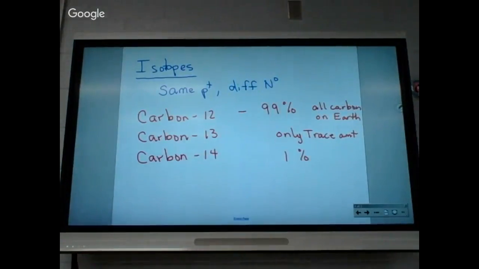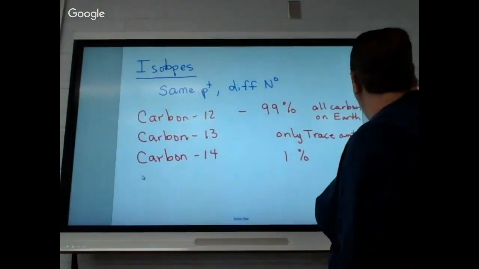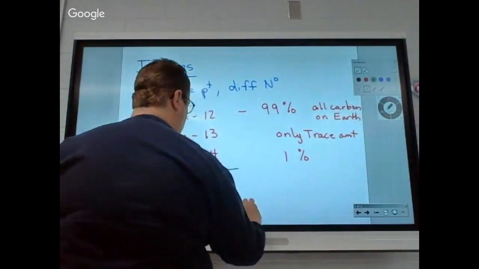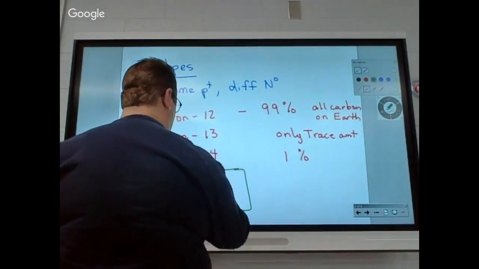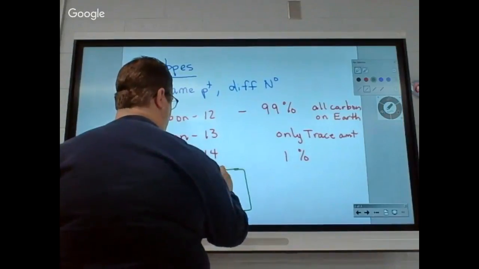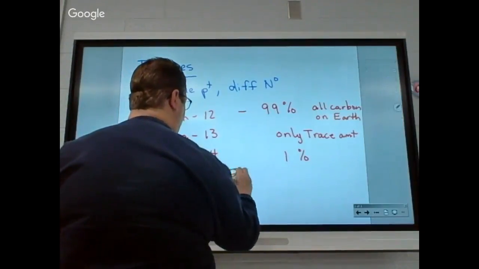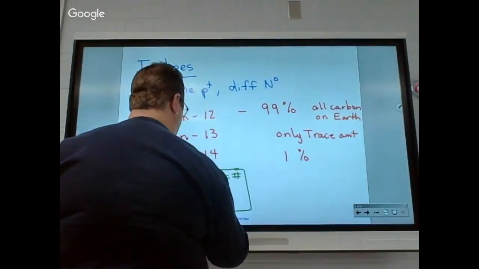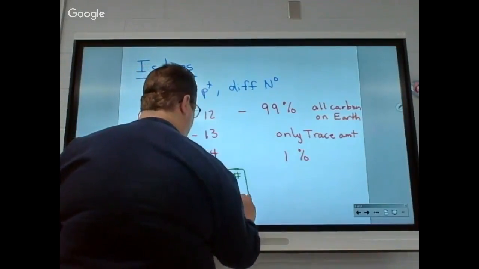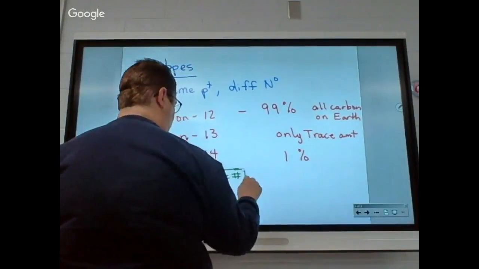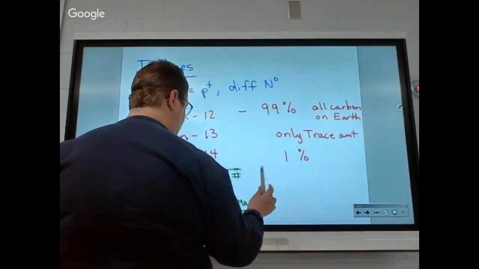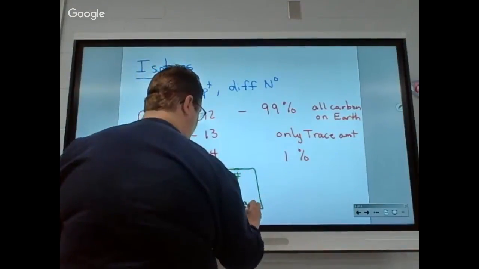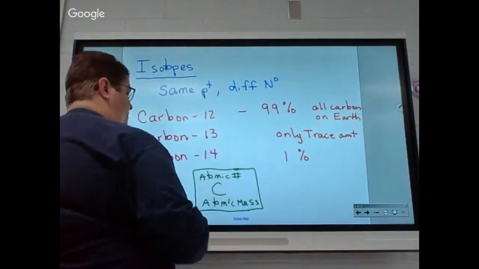So, when we look at the periodic table, we have to put the atomic number here and the atomic mass down here, right?